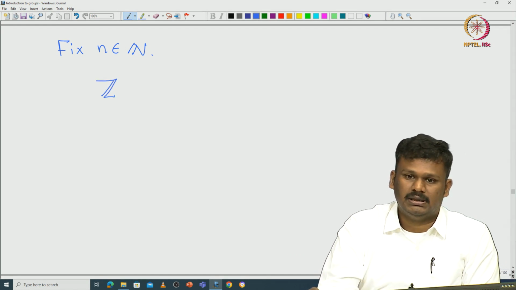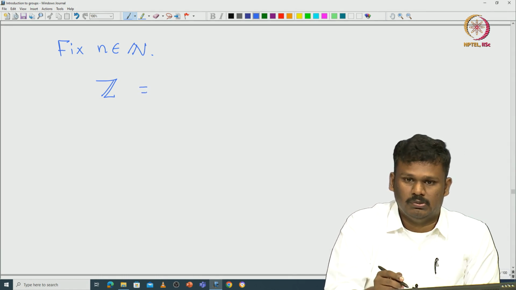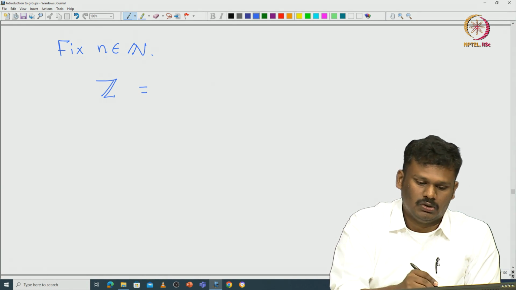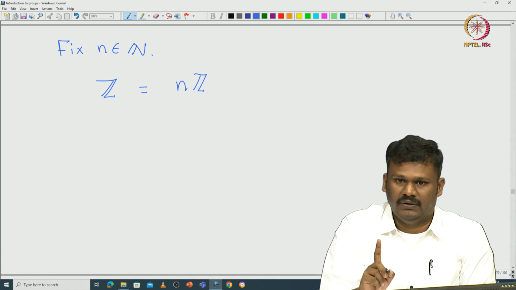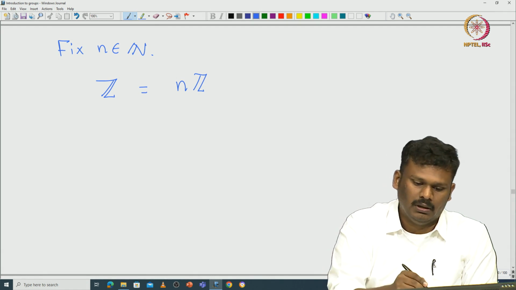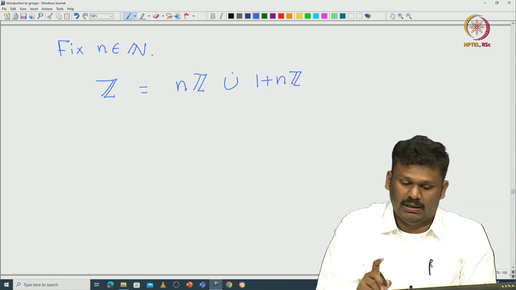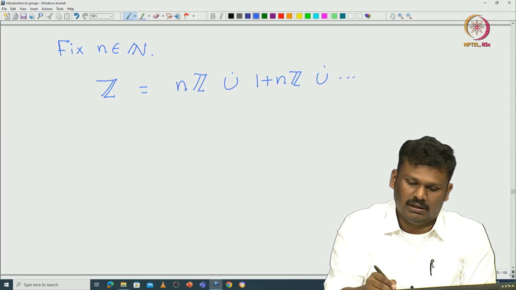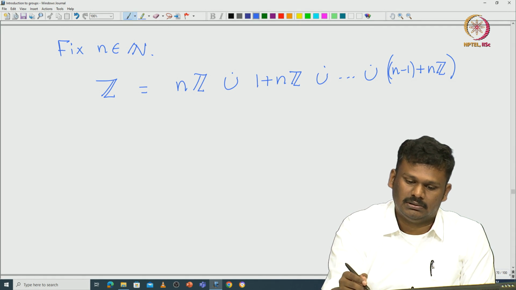Note that these integers can be divided into small sets related to n. You can take all possible multiples of n, that means when you divide by n it leaves 0, union all possible integers that leave 1 as remainder, union and so on, union all possible numbers that leave n minus 1 as remainder.